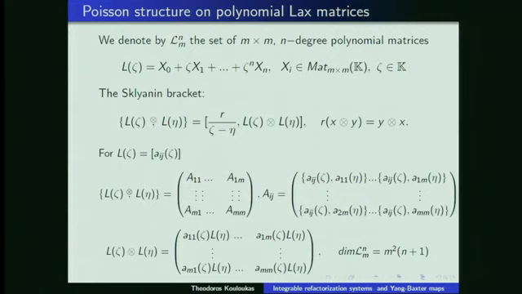And here is the tensor product, the Kronecker product of the matrices L zeta and L eta. Now, this formula gives us a nice Poisson structure on this space.